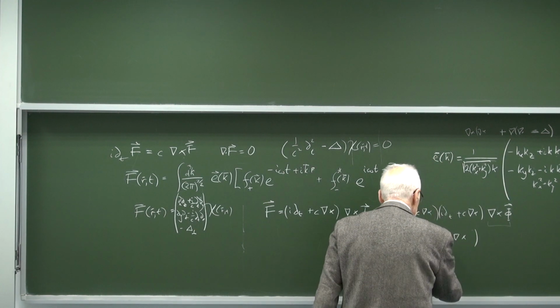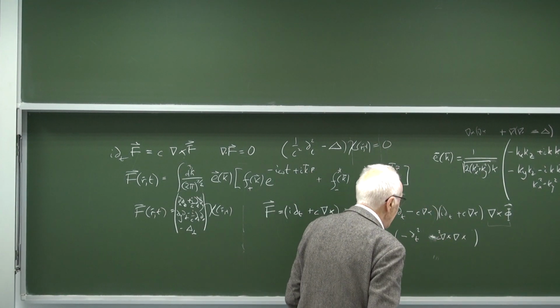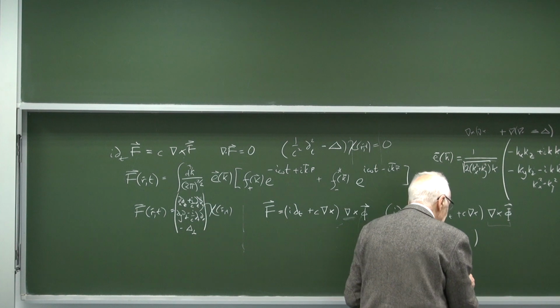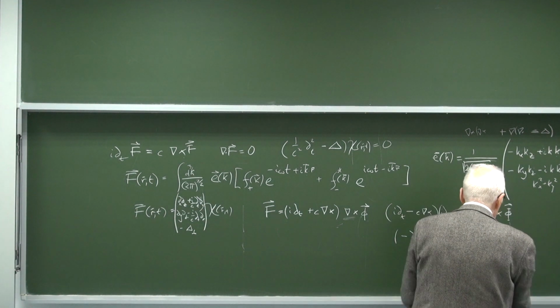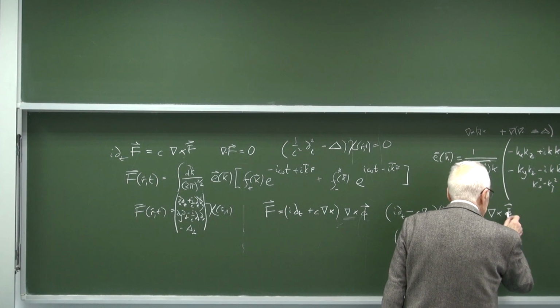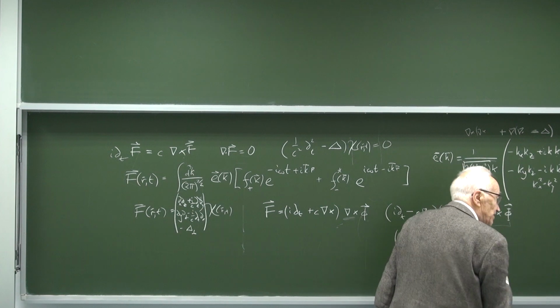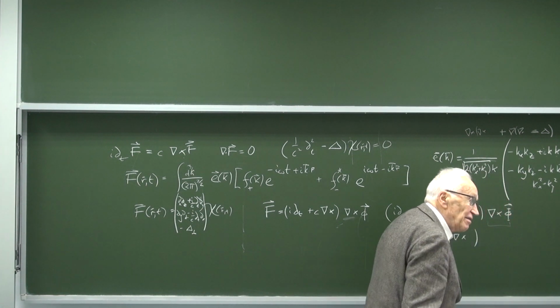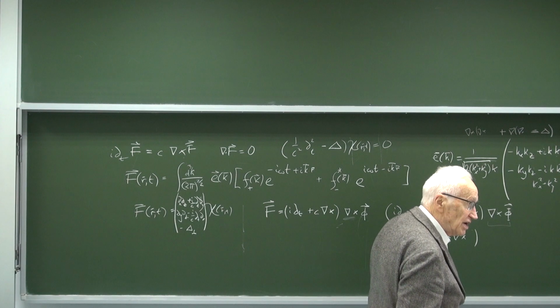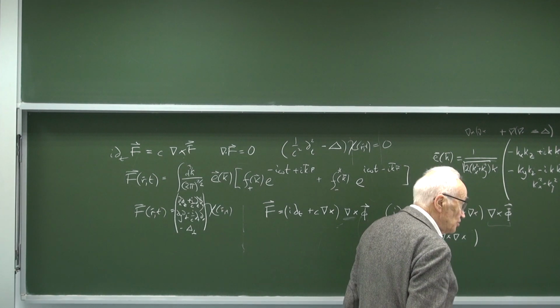C squared here is in the second term, but I can divide by c squared. The wave operator acting on this, and of course it does not act on the derivative, it acts on this phi, and whenever phi satisfies the D'Alembert equation, the wave equation, I obtain from this formula the solution.